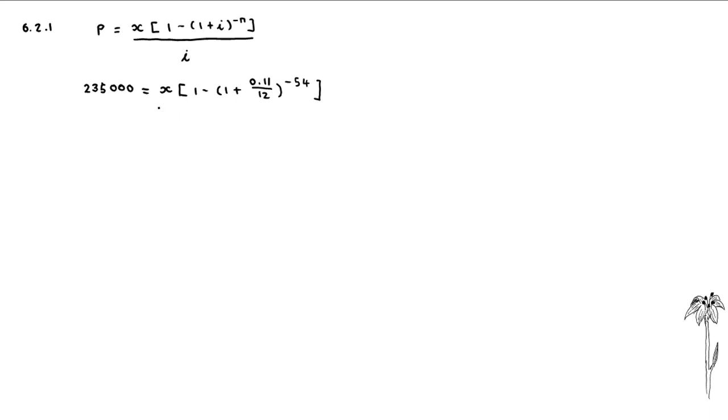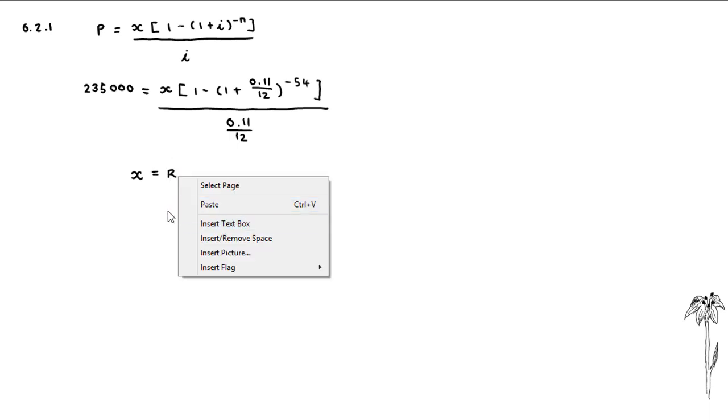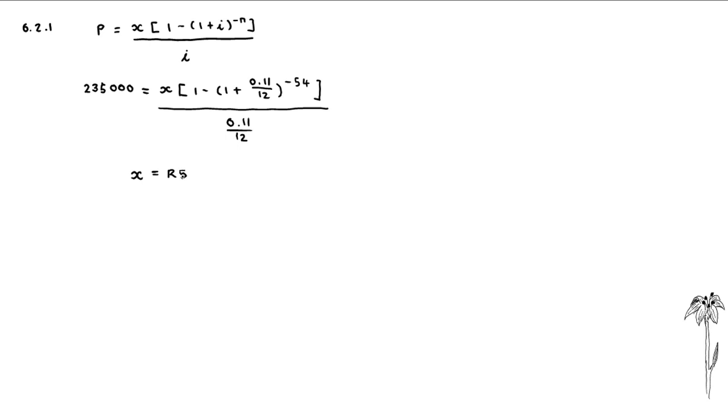So that's divided by 0.11 over 12. In your calculator, you're just going to multiply by the denominator and divide by the term inside the bracket, and you'll be able to calculate that his monthly installments are 5,536.95.